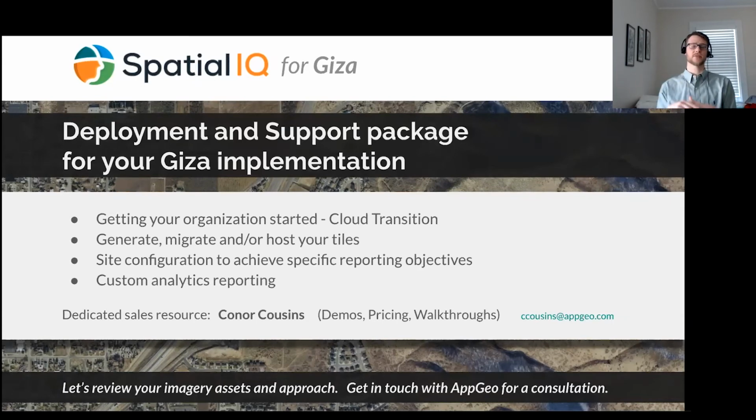From the Giza interface, there's a SQL pane where you can go and query this analytic. You can query all the data. You can compose and aggregate and pull out the analytics to answer the questions that you have. Again, under the Spatial IQ umbrella, we've provided support to generate some of those queries, or collaborate around how to best extract that data, or potentially change a configuration of a user to generate the content required.